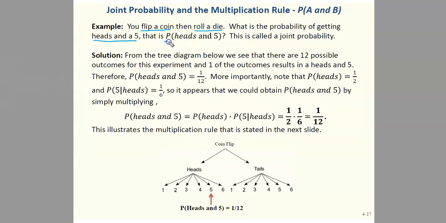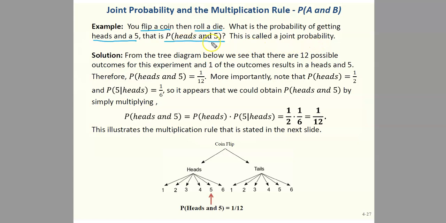Now when you read this, it means you get a heads when you flip a coin, and then you get a 5 when you roll the die. So there's really like a little hidden "then" in between the "and" and the 5. This is called a joint probability.